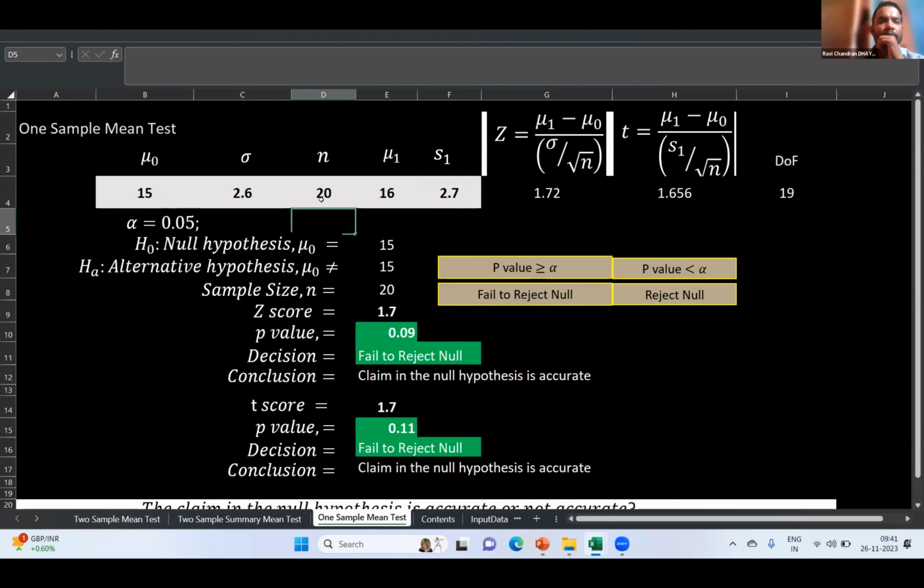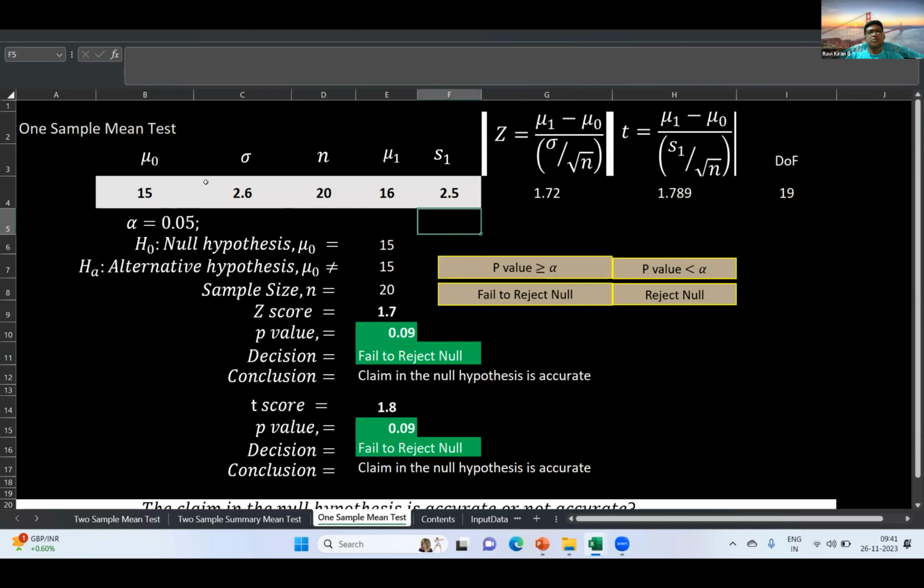What is the sample average? 16. Sir, please say it loud. Then only I can confirm that you have understood. What is the sample standard deviation? 2.7. Very good. You want 2.5, I'll put 2.5, right?